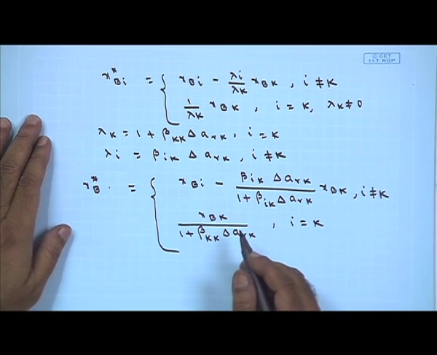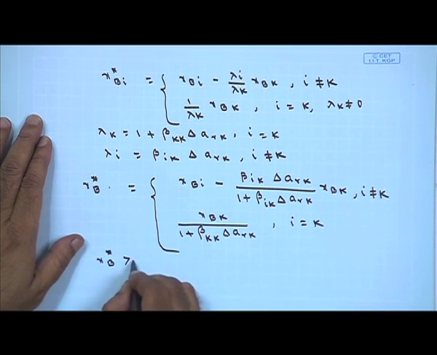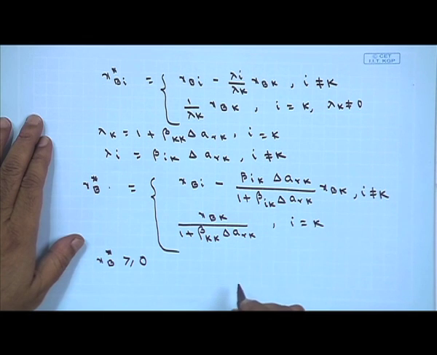Now, for feasibility, what happens? We know that for a feasible solution your x b star always should be greater than or equal to 0.